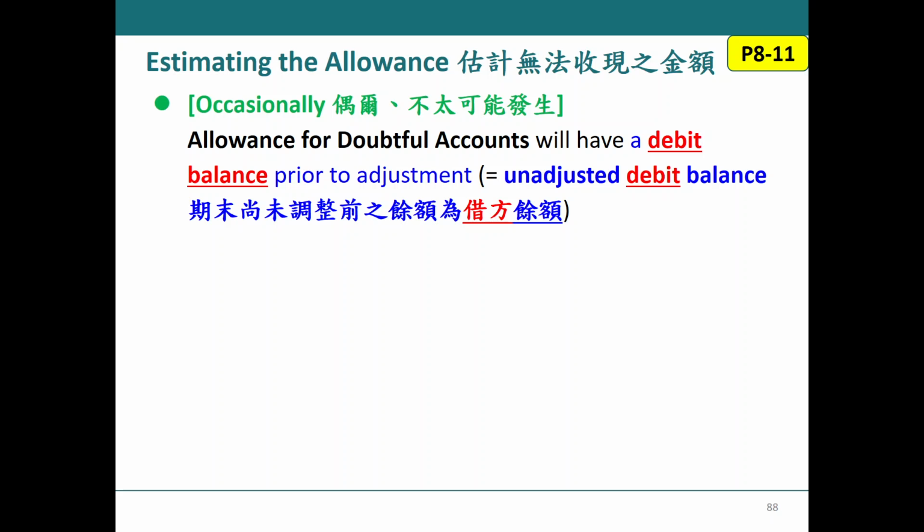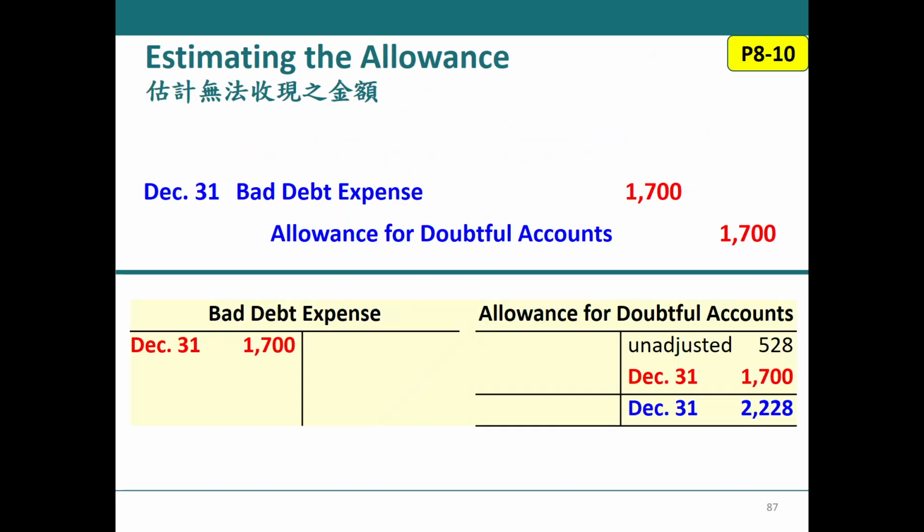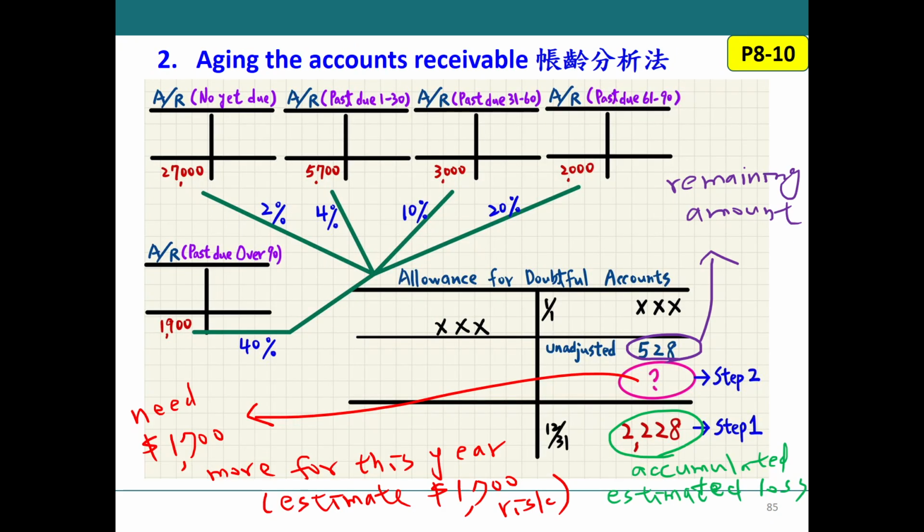The normal balance is on the credit side, but in some rare special case you are told it is a debit balance. So it means what? This amount should be on the credit side, 528. But what if the special case tells you this amount is on your debit side? Okay?